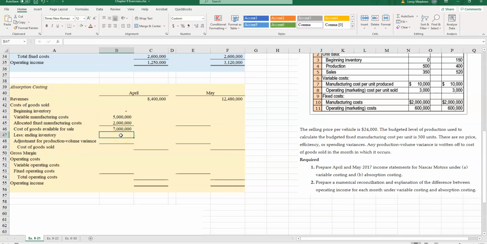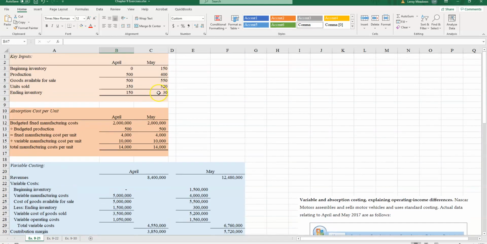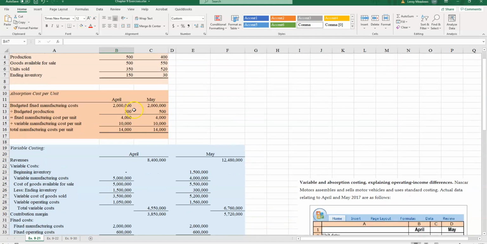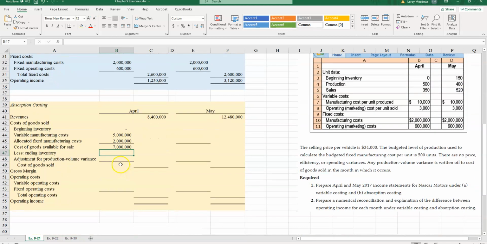Now I'm going to subtract out my ending inventory. And what is my ending inventory? It's simply going to be what? I had 500 units produced. I only sold 350. So how many units do I have in ending inventory? We computed that up here, and that was 150 times the full manufacturing cost per unit of $14,000.